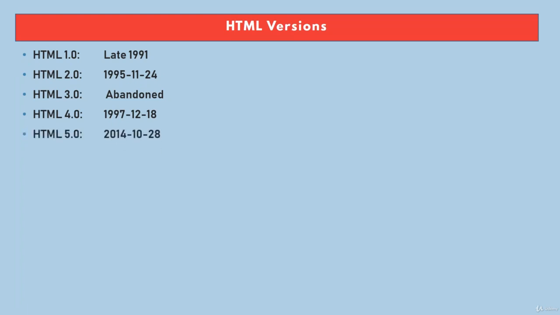And HTML5 came recently, that means in the year 2014. HTML 5.1 came in 2016. HTML 5.2 was in December 2017. So as of now, the latest available version is HTML 5.2. But in this first part, we are going to learn only HTML4. HTML5 will be covered later in the further lessons of the course.